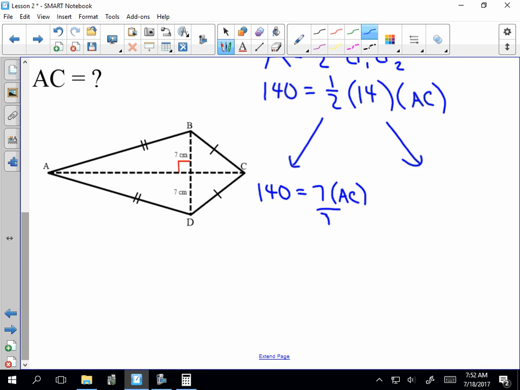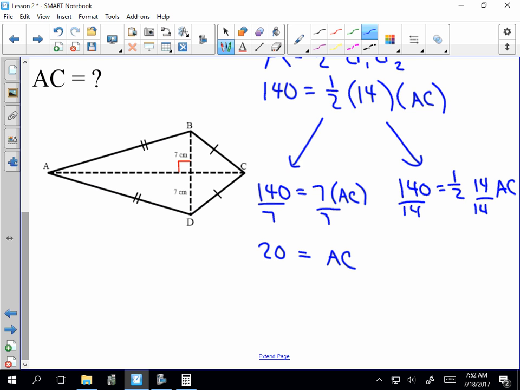And then we just have to divide both sides by 7, and we get 20 equals AC.